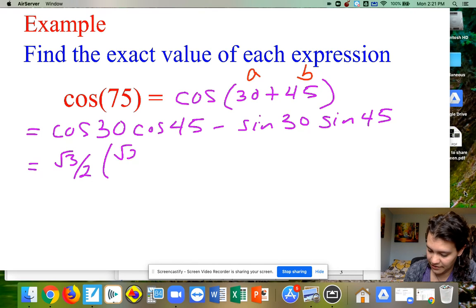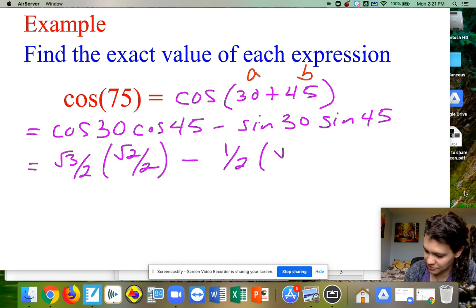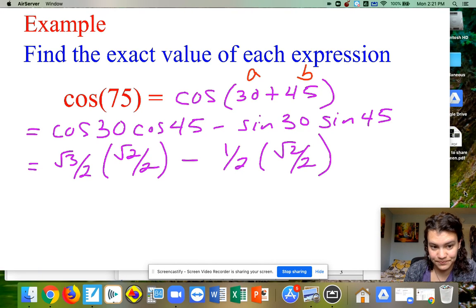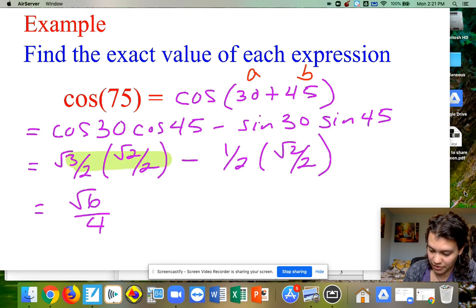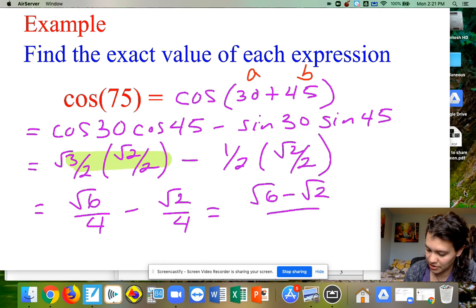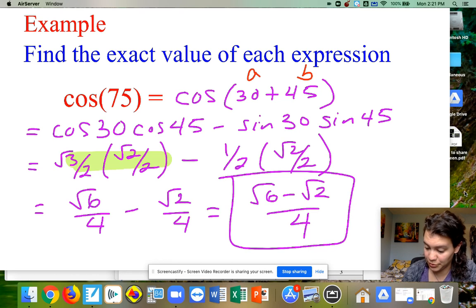Cosine of 45 is root 2 over 2. Subtract a half times root 2 over 2. And now you're simplifying. When you're multiplying two things together, you just multiply straight across. You get root 6 over 4 minus root 2 over 4. You can combine these to get root 6 minus root 2 over 4. And at this point, you're done. You can't go any farther. So this would be your exact value for this function.